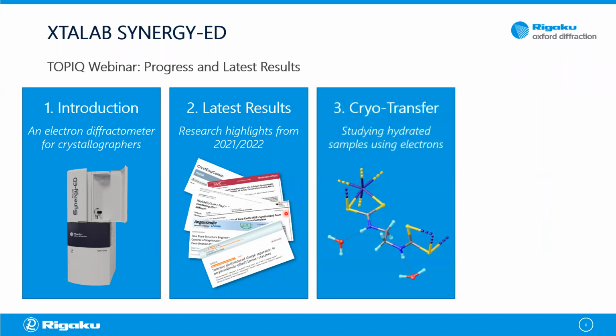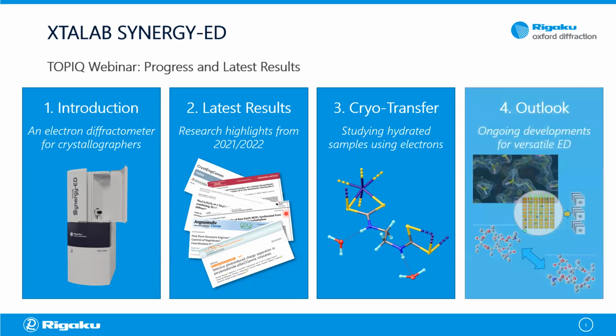And then we go into some new stuff that Kai will report, which is mostly about studying hydrated samples by the means of using cryotransfer techniques for electron diffraction. And finally, to wrap up, I will give a bit of a sneak preview of features we are at the moment implementing or have just implemented, and which we believe extend the capabilities of the Synergy-ED significantly.